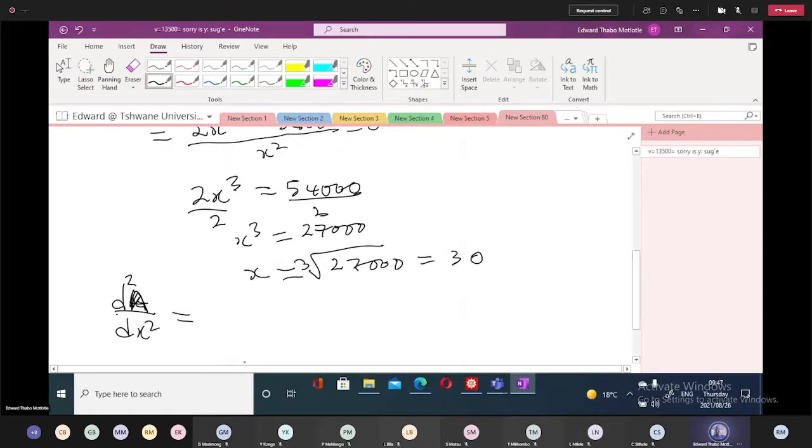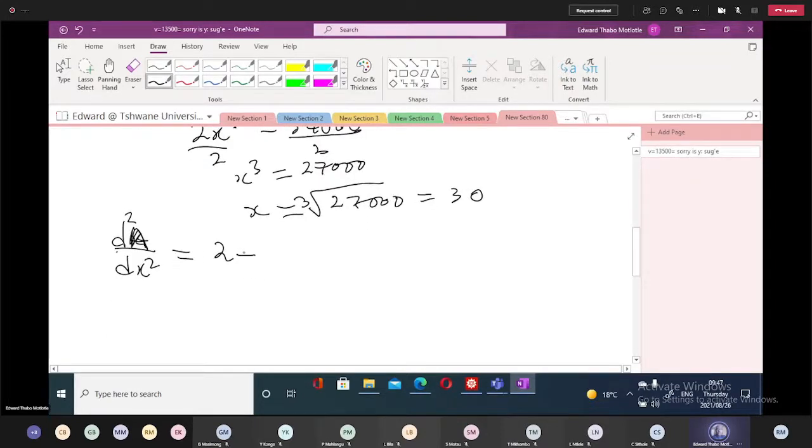If we differentiate, we end up with 2 plus 2 multiplied by 54,000 all over x to the power 3. Now we substitute 30 to see that indeed we are going to get a minimum. To get a minimum, this value must be positive.